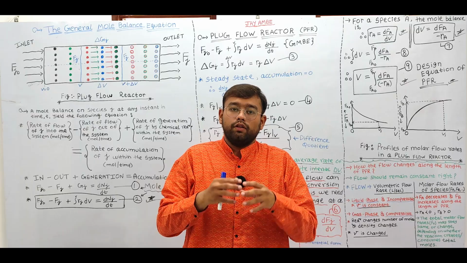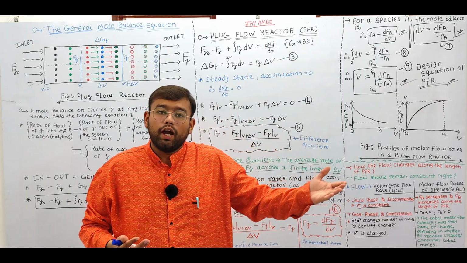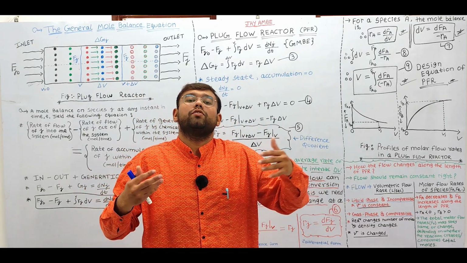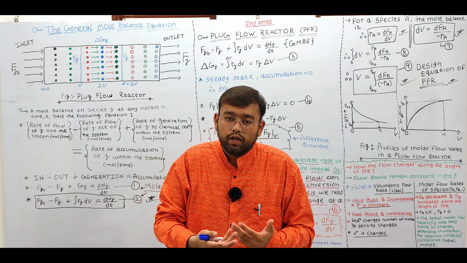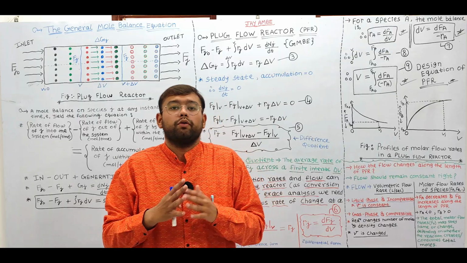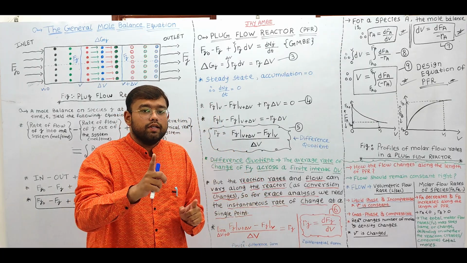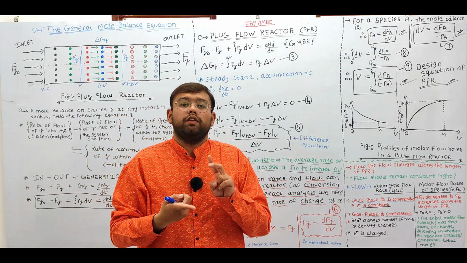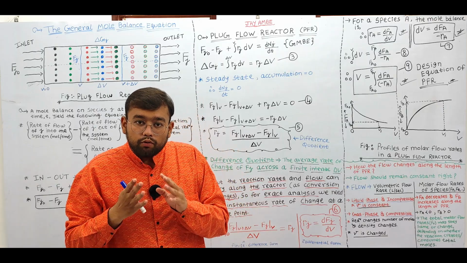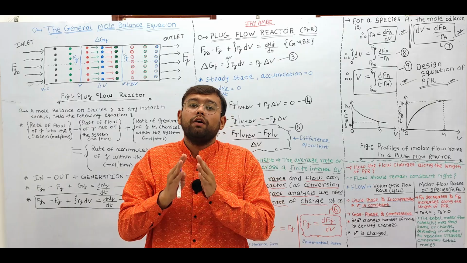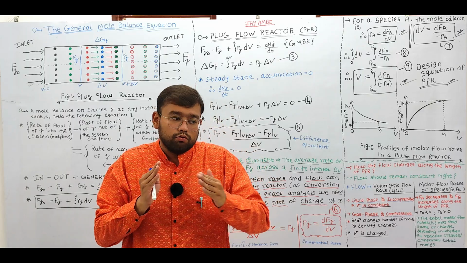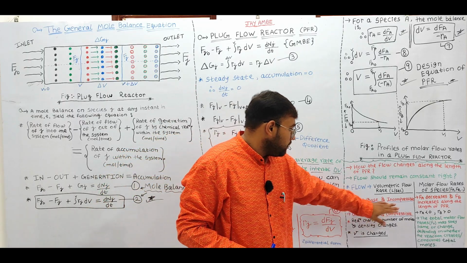Because during the progress of the reaction, more reactants are getting consumed and converted into new products, so more products are generated. So the molar flow rate of reactant will decrease and the molar flow rate of product will increase along the length and progress of the reaction, right?